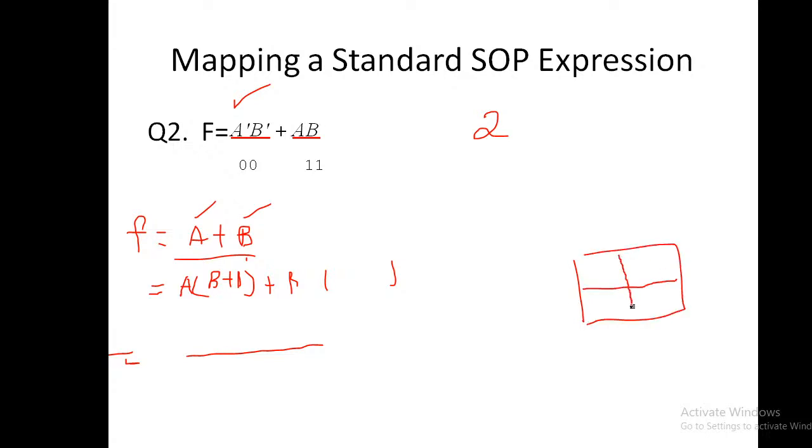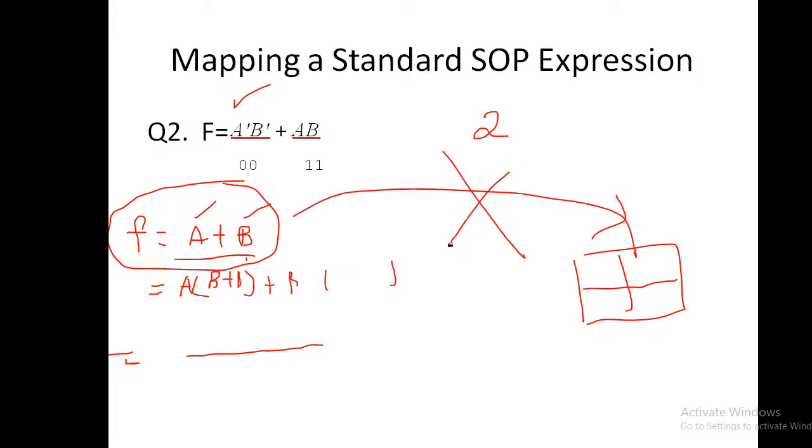Otherwise, a term like a plus b is already in minimized form, but you cannot directly put this function in the Kmap. It's not feasible until you convert it into the canonical form, I should say, not SOP. Okay. I think it is clear to you, right?